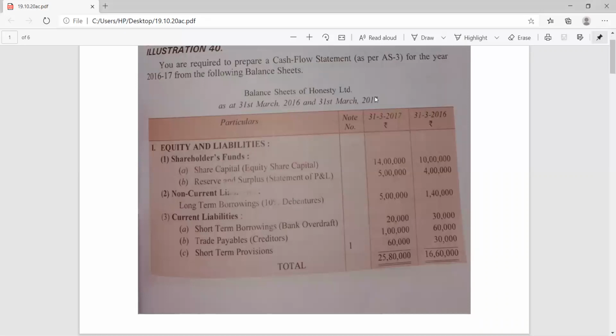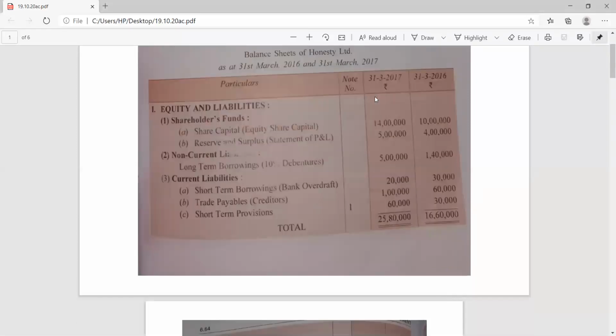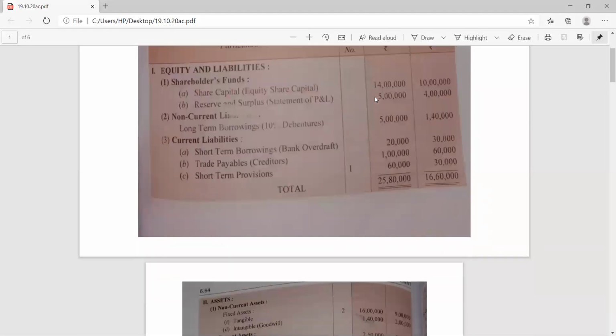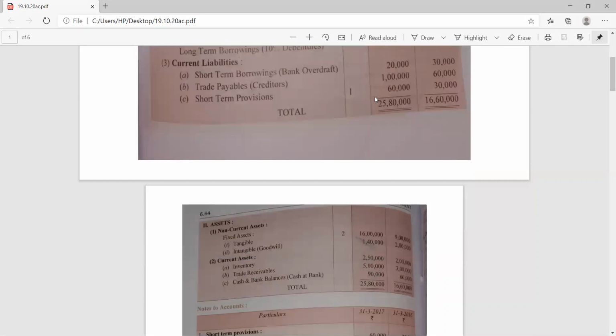The balance sheet of Honesty Limited as on 31st March 2016 as well as 2017 is given to us. The data of both years related to equity and liability, shareholders' funds, non-current liabilities, current liabilities, and assets, including non-current assets and current assets, are given to us.